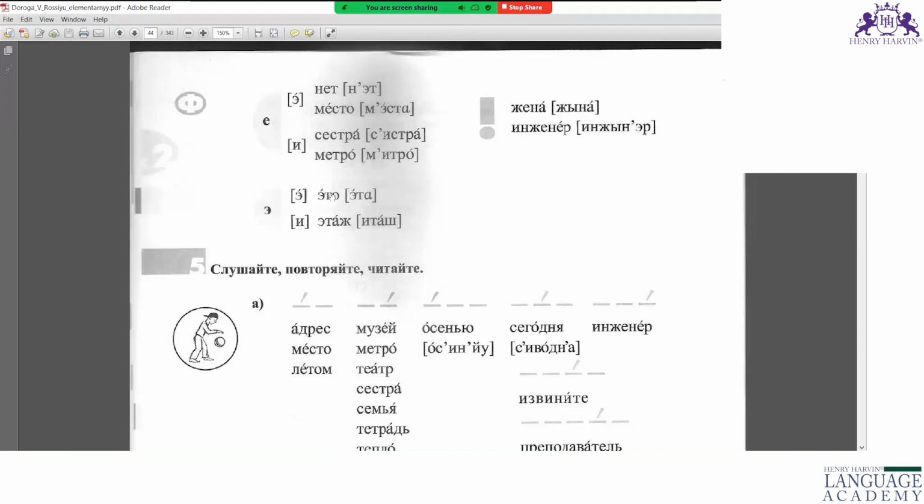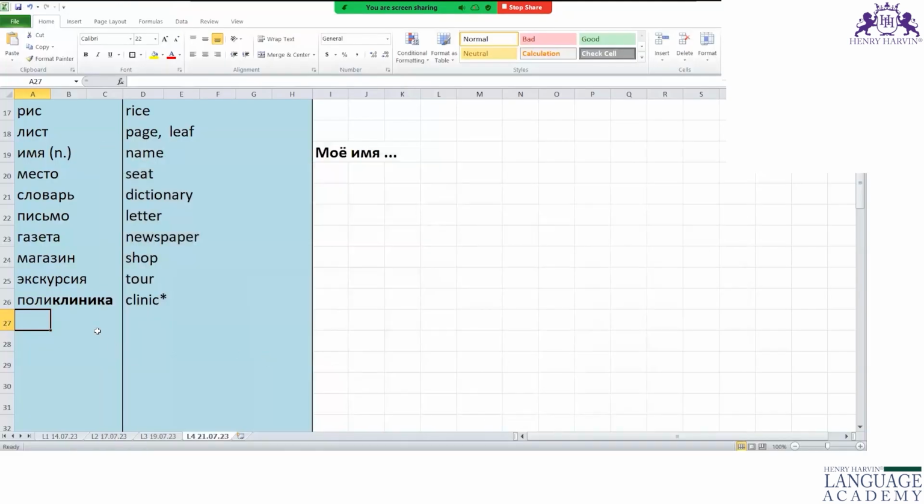Сейчас кондиционер включу, мне жарко. Так, жена. Жена is wife. Инженер is engineer. Okay, so let's see some new words here. Нет, no. Место, seat, place, we saw it. Сестра, sister. We will write it along with brother, of course. Сестра и брат. Sister and brother.